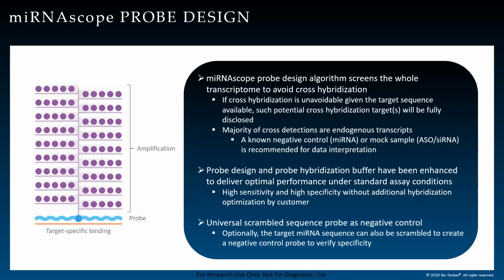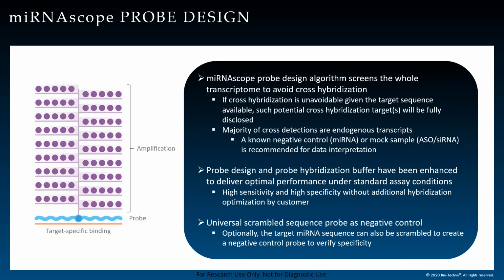Due to the extremely short sequences of these targets, sometimes cross-hybridization is unavoidable, so in the cases of potential cross-hybridization, this information will be fully disclosed to our users for evaluation. However, I would like to mention that the majority of the cross-detection targets are endogenous transcripts, so we highly recommend our users to always include a negative control as the baseline to interpret their data.